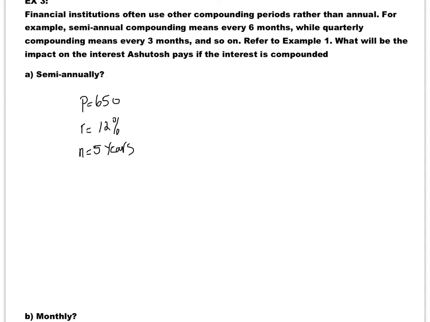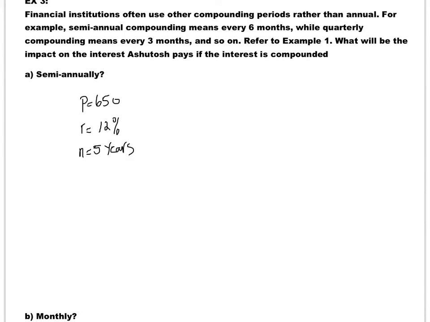We want to know what is the impact on the interest Ashutosh is going to pay if the interest is compounded semi-annually. We know that the compounding period is every 6 months.